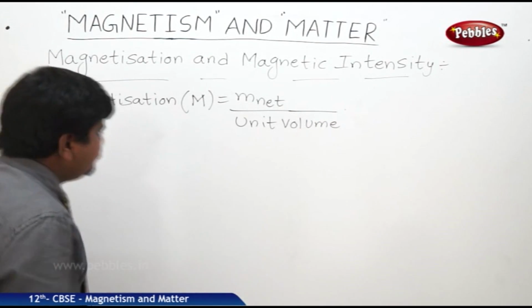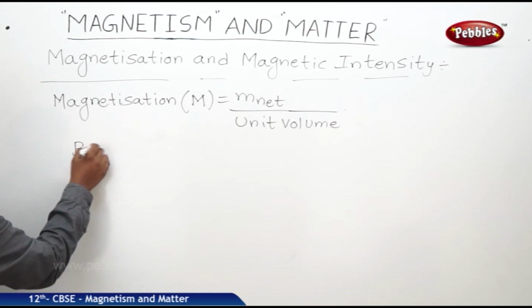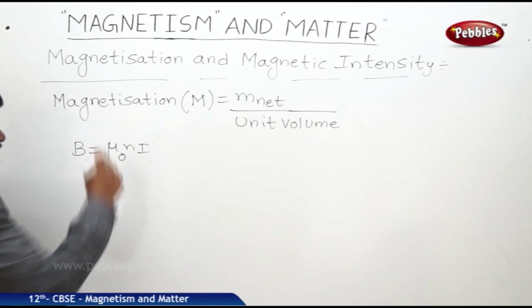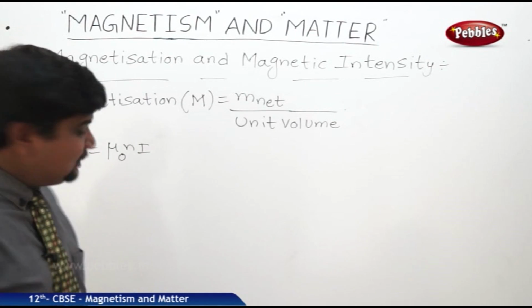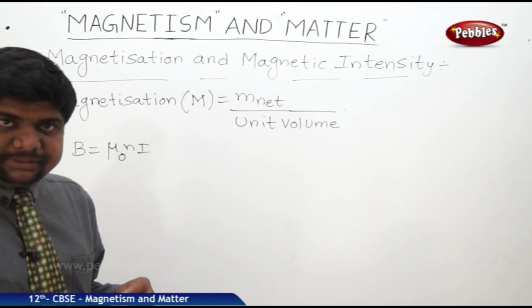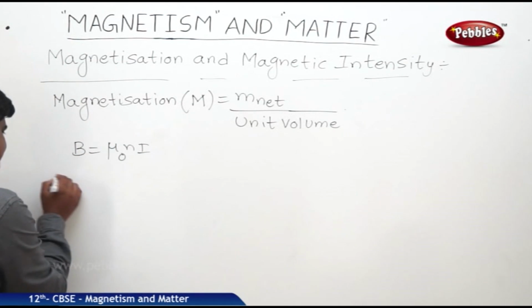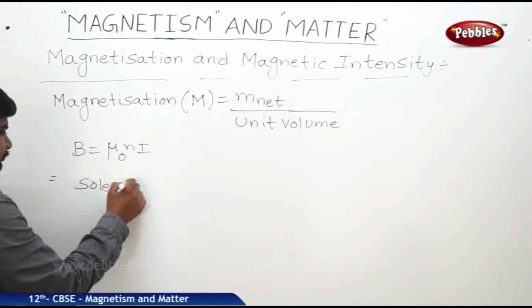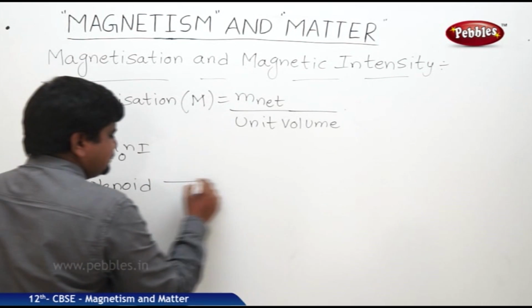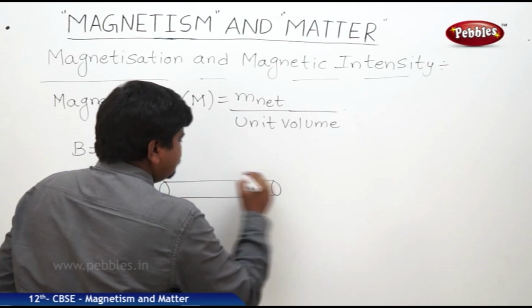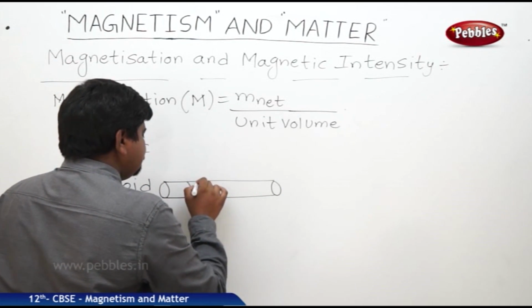We know that the magnetic field strength B is equal to mu naught Ni, where n is the number of turns per unit length, i is the total current passing through it, and mu naught is the permeability. Take a solenoid like this. This is the turn.